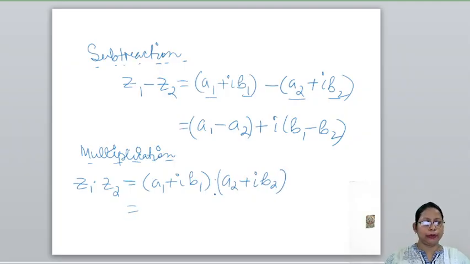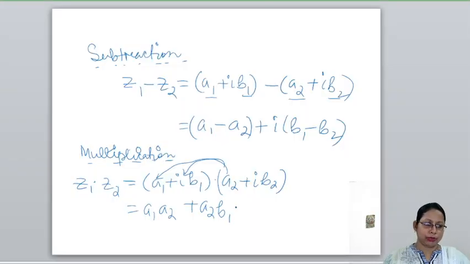The product will be this with this, that is a1 a2. Next this with this, that is a2 b1, writing a2 first, then b1, then i.